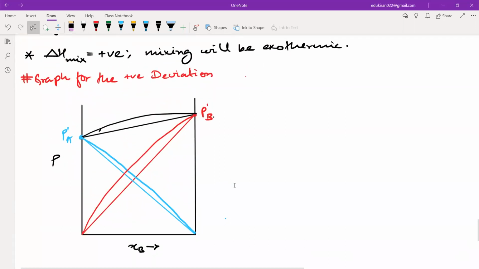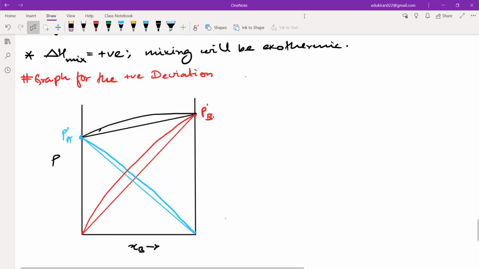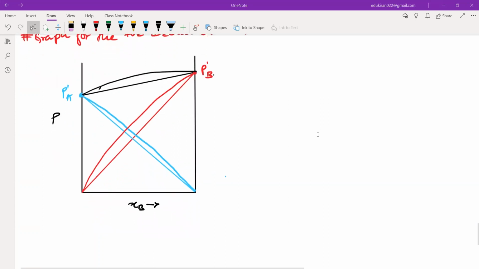Write this down. You just have to make the graph for the ideal situation. That means you have to make the graph for Raoult's law.